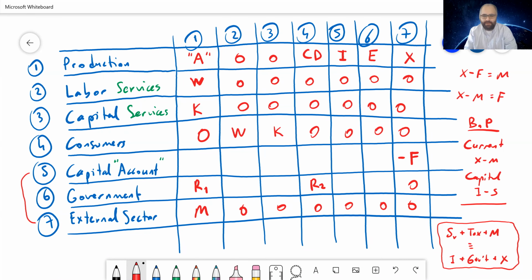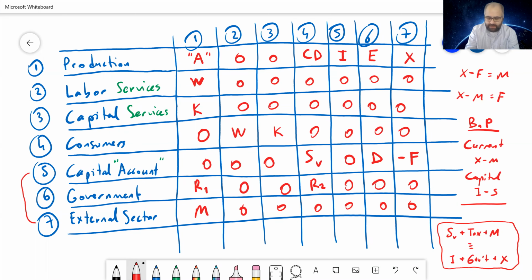Then the capital account. So if you use this, you're going to realize saving and deficit must be like this, okay? Because now the row sums must be equal to column sums, right?